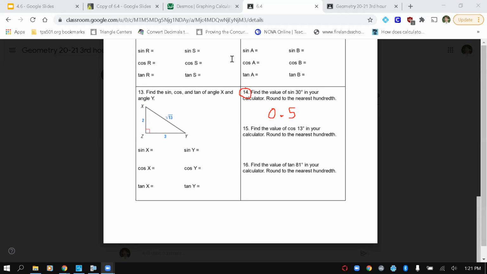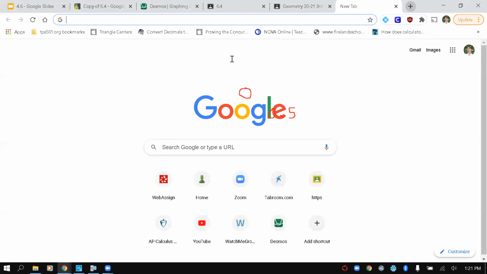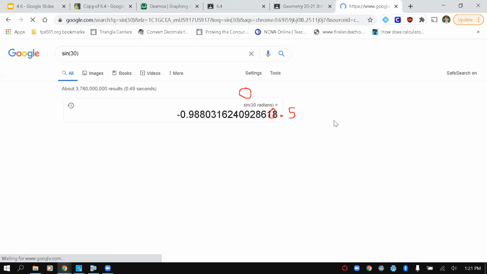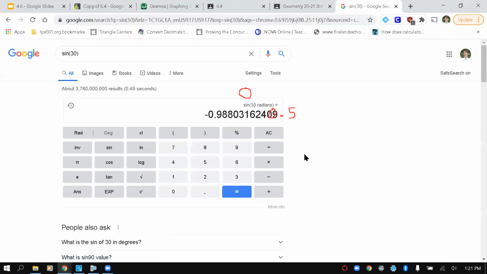Or I will be honest, you can use Google's calculator. If you type in the sine of 30 to your search bar, it will give you the wrong answer first, because it'll tell you the answer in radians. But if you hit degree and then type in the sine of 30, it'll give you the right answer, 0.5.